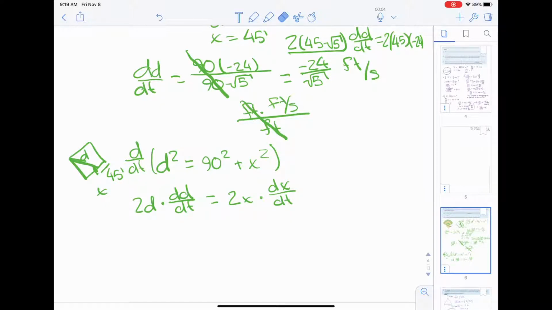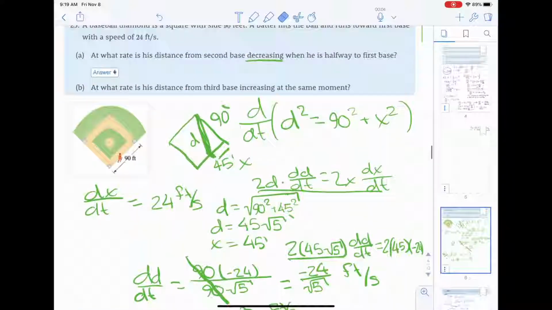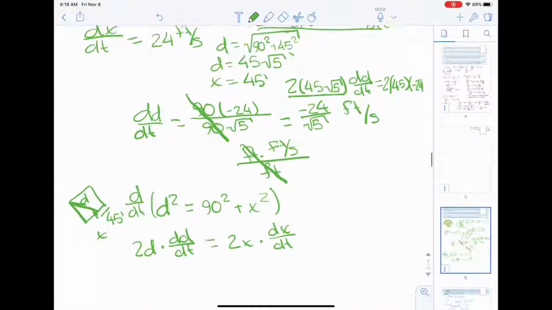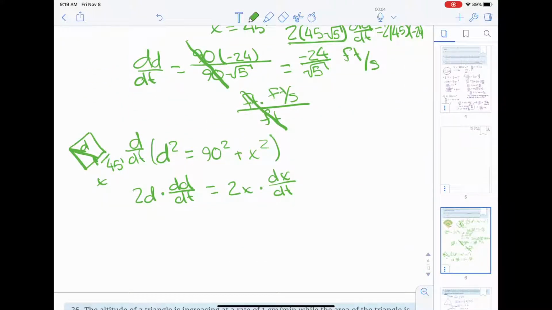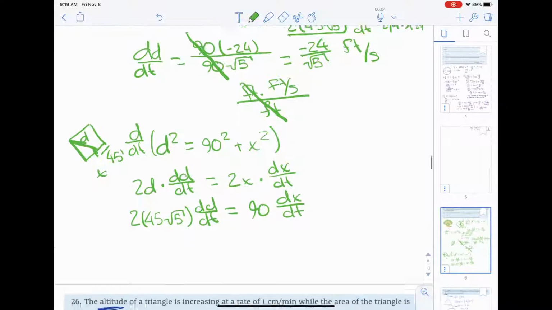And since this triangle and this triangle are the same triangles, we know that D is also still 45 square roots of 5, and so we're left with 2 times 45 square roots of 5 dD dt is equal to 90 dx dt. All I did to get 90 is I plugged 45 in for X and just multiplied it by 2.